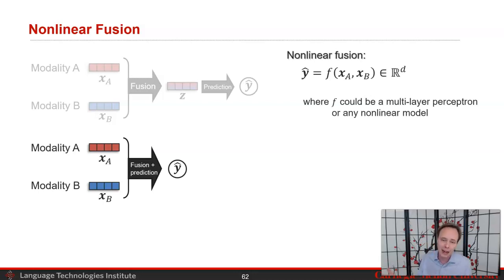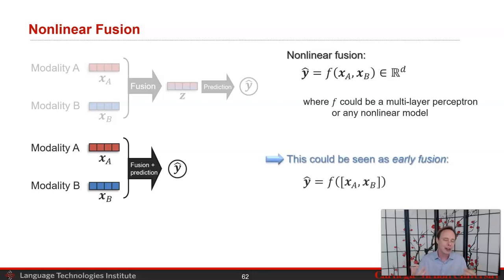It could be a multi-layer perceptron or any other nonlinear model you have. But when you do nonlinear fusion, this is a little bit like an early fusion, in a sense, because you just concatenate both and then put them into a model. This is early fusion, the approach from 20, 30 years ago, but now we're using slightly different ways of doing the fusion.